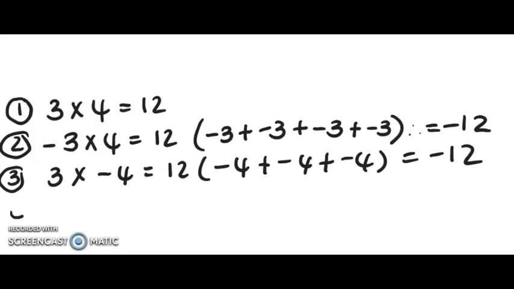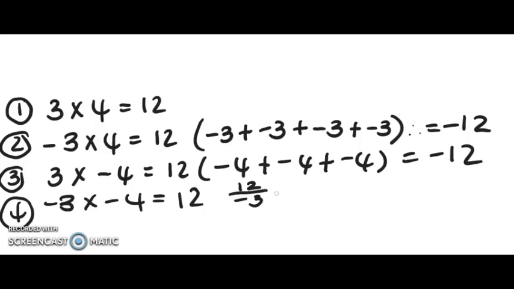Question 4. What is negative 3 multiplied by negative 4? We already know that 3 times 4 is 12. What is 12 divided by negative 3?